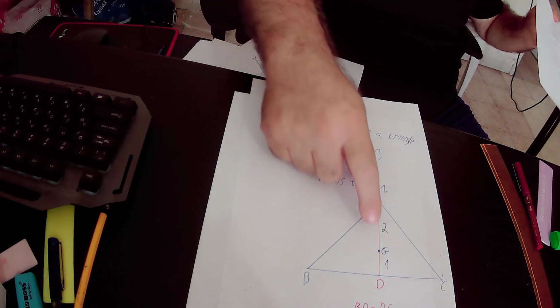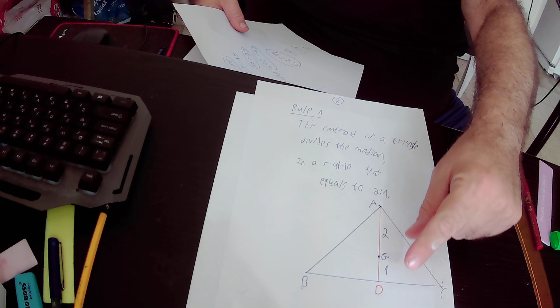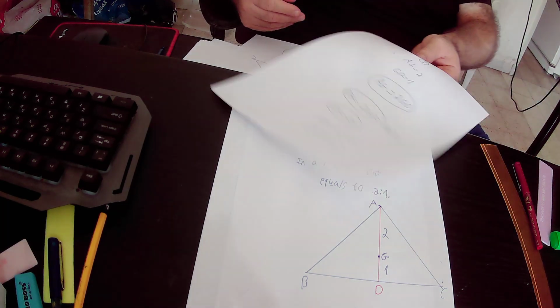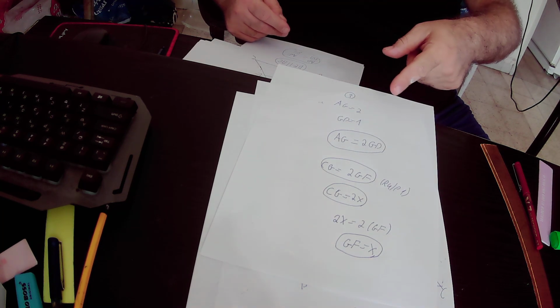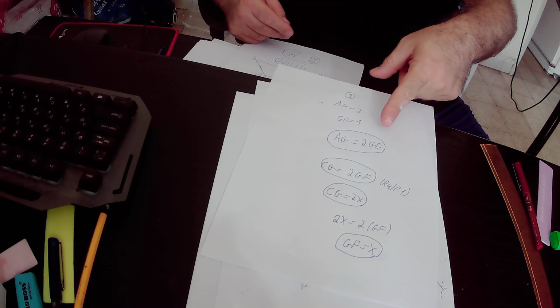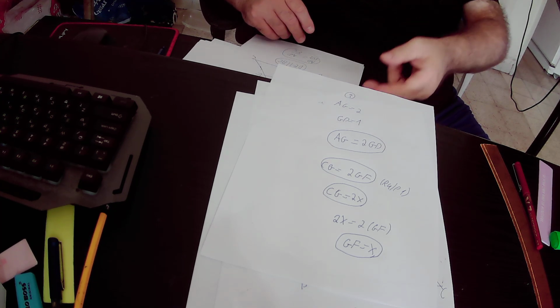If AG equals 2 units, then GD will be equal to 1 unit. Or in other words, AG is twice as large as GD, or AG equals 2 times GD. Okay?